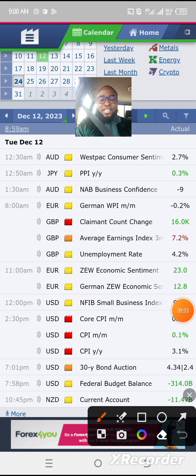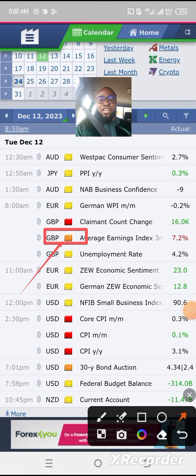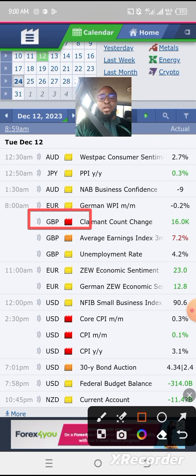But this orange column, once the news is released, it will affect the market, maybe little or stronger. It depends on how powerful that event is. Okay, again, this red column here, we call it very high impact column.